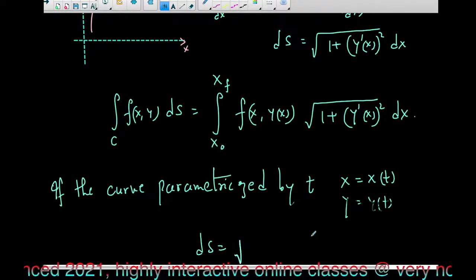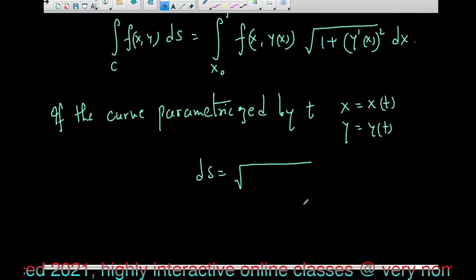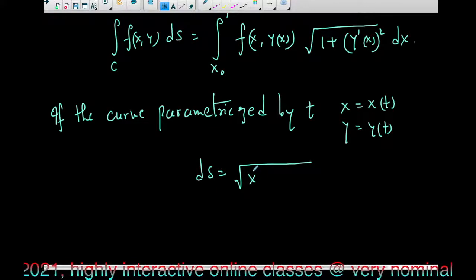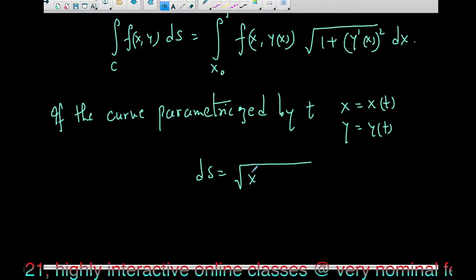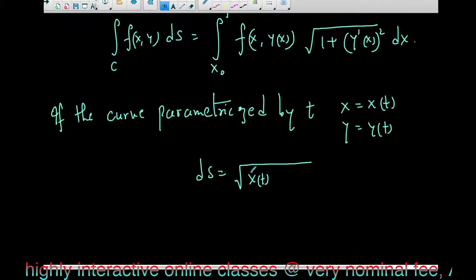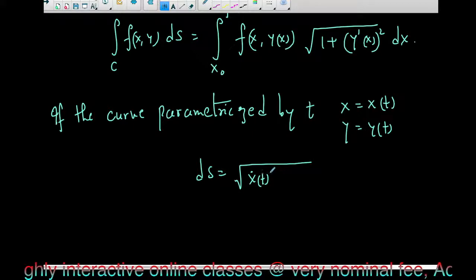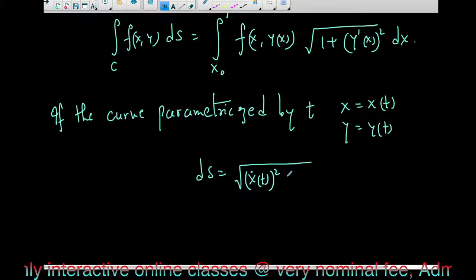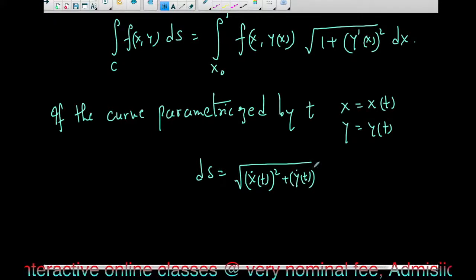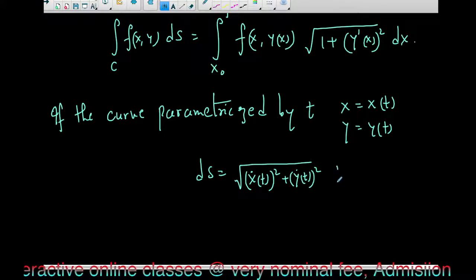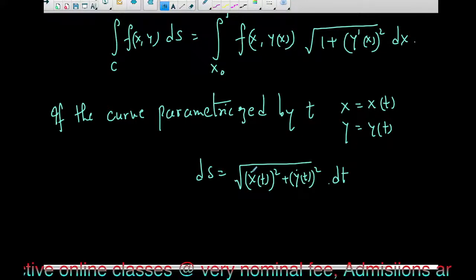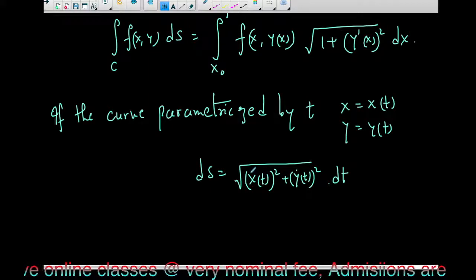So ds you can write very easily, it is the square root of x dot t whole square plus y dot t whole square, and dt is also there. Are you getting this one? Dot means the first derivative, right?